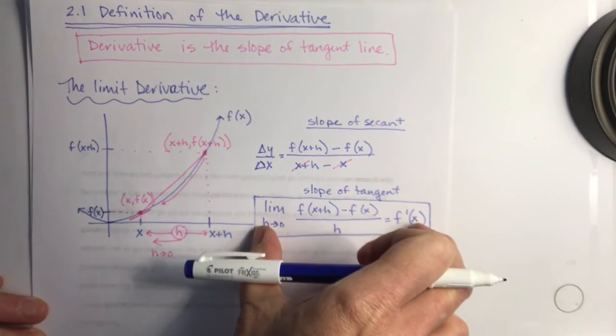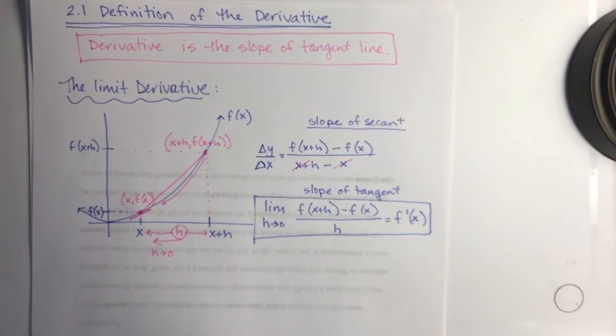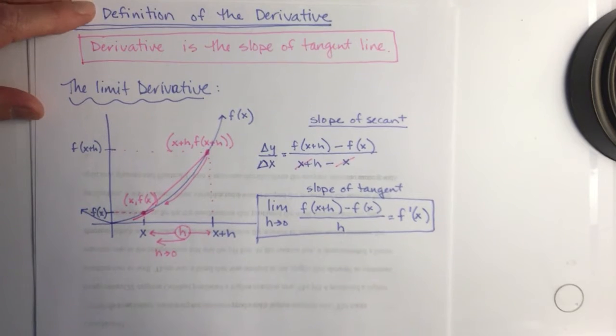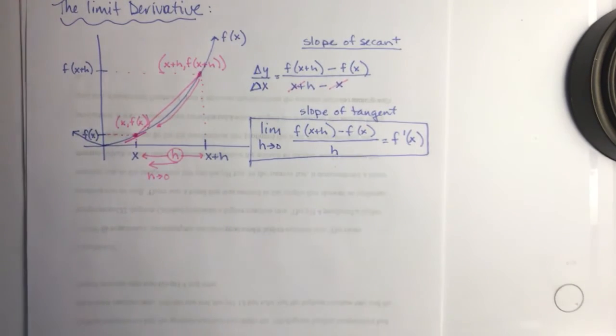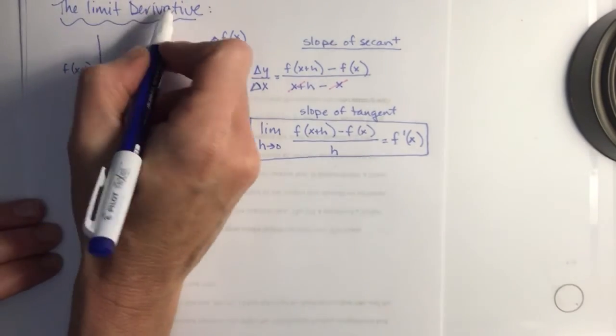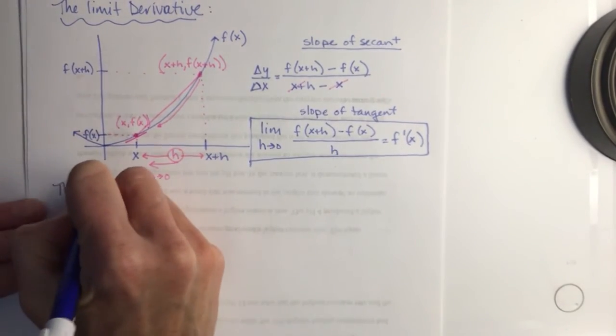Okay, so that's one definition. You need to know this, okay? The other definition that we also use quite a bit is, I'll call it, the limit derivative at a point.